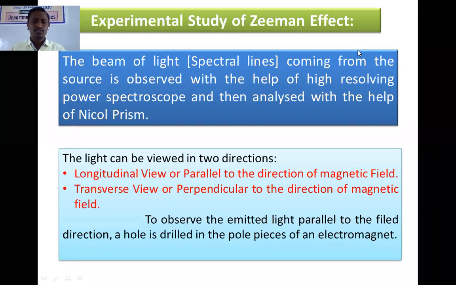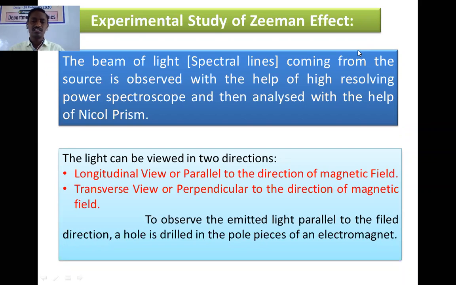Initially we will observe the normal Zeeman effect. It can be observed in two directions. First, a longitudinal view, that is, a direction parallel to the direction of the magnetic field, and second, a transverse view, that is, observation in a direction perpendicular to the direction of the magnetic field.